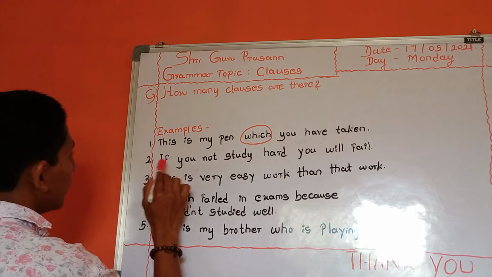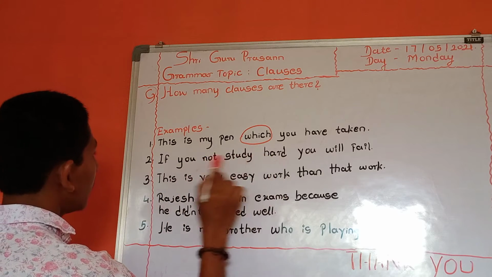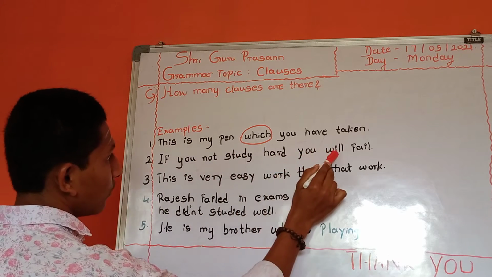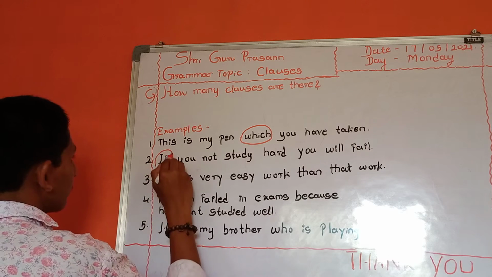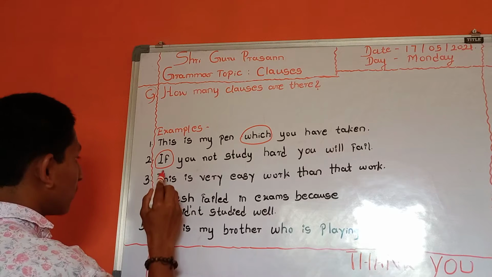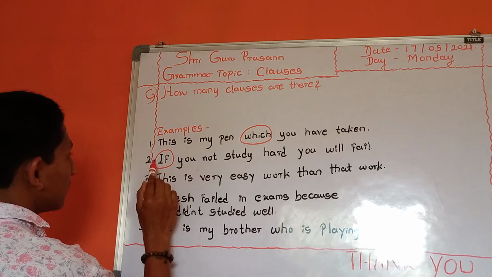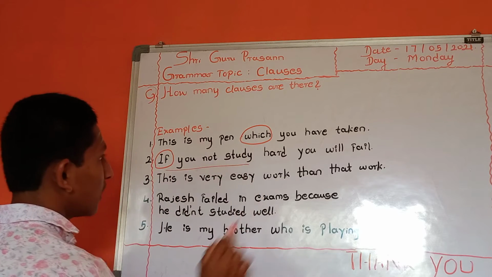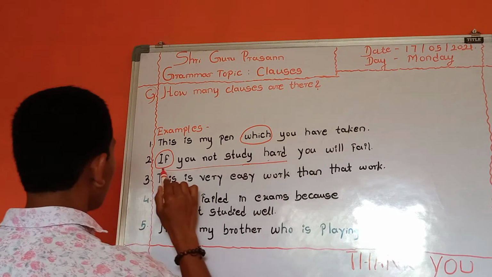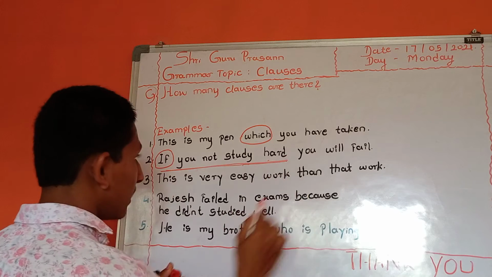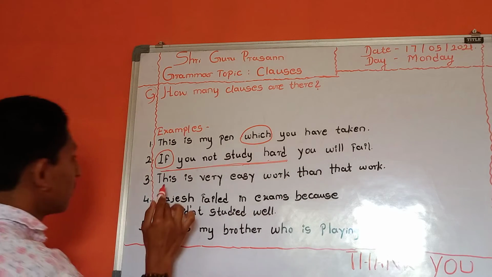If you do not study hard, you will fail. This is the dependent clause and this is the subordinating conjunction, and the remaining part is the independent clause.